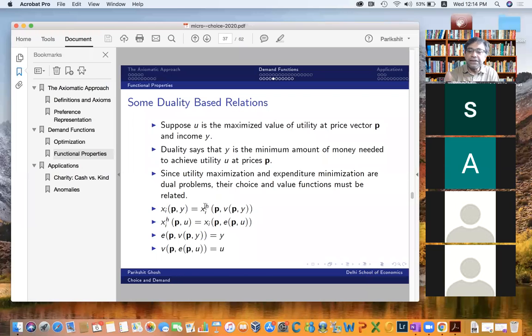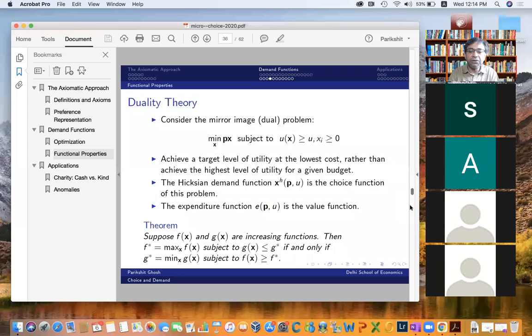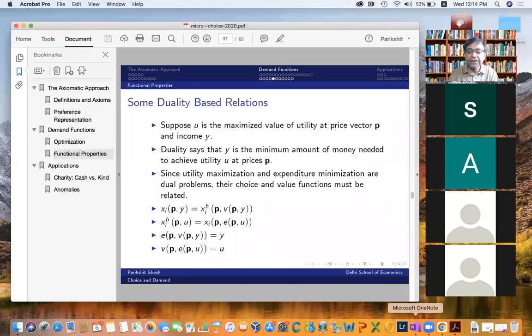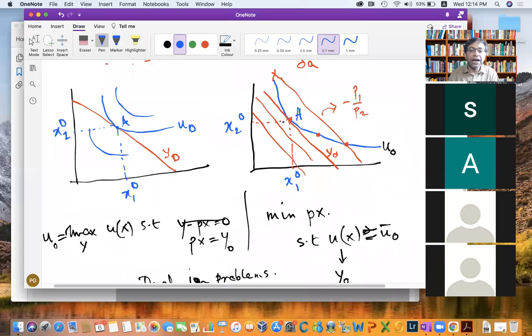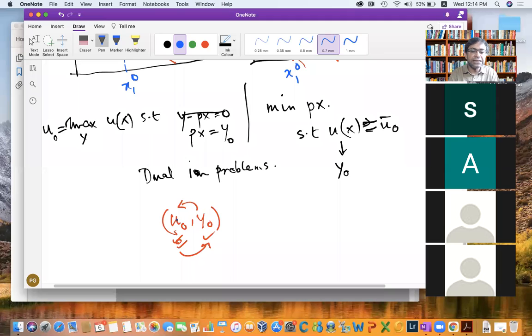And they follow basically from definition, they follow from this result, and also from the observation that there are these pairs. This utility level and this income level are intimately connected. If you use one of them as a constraint in one of the problems, you get the other one as the maximized or minimized value, and vice versa.